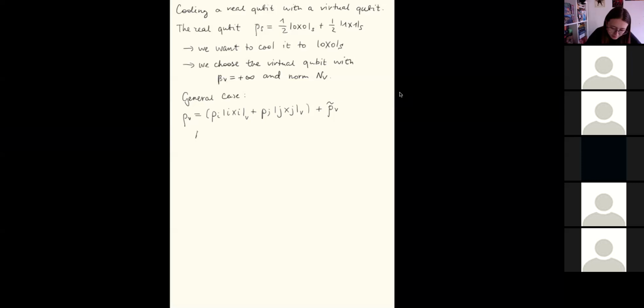And here the norm of the virtual qubit that we choose between these levels i and j is just p_i plus p_j.